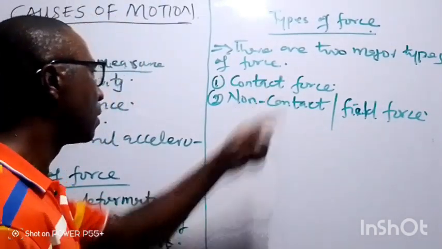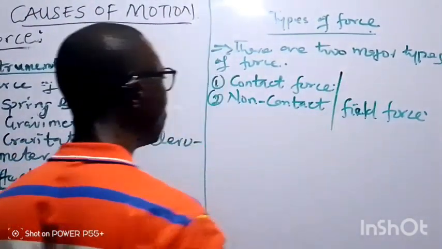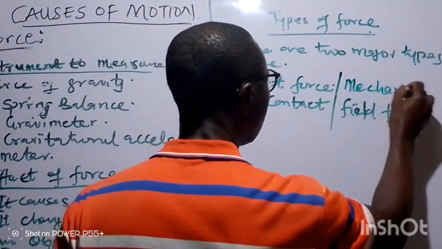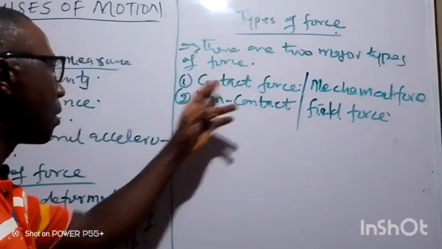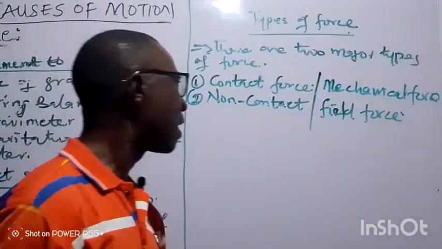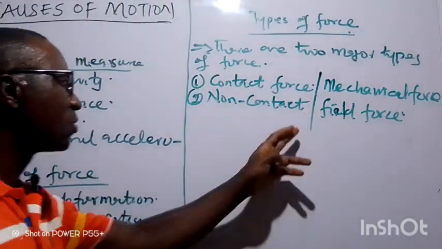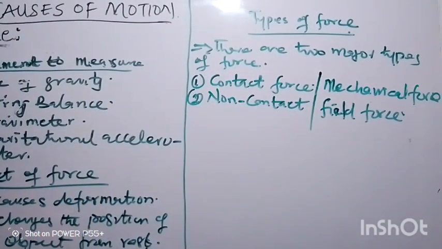Contact force, and mind you, the contact force is also known as mechanical force. So it can be called contact force or mechanical force. While the second one, non-contact force, can also be called field force. Now, let's take them one after the other.